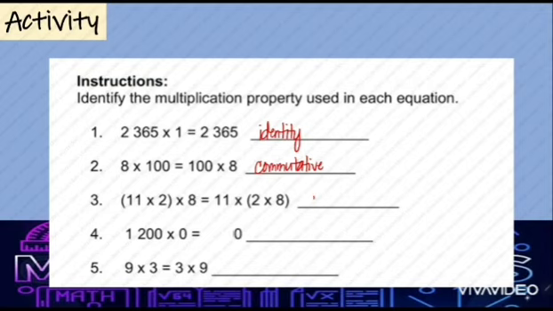So the property that we use is the associative property of multiplication. Next, 1,200 times 0 is equal to 0. So the property that we use is the zero property of multiplication. Next, 9 times 3 is equal to 3 times 9. Okay, the property that we use here is the commutative property of multiplication.